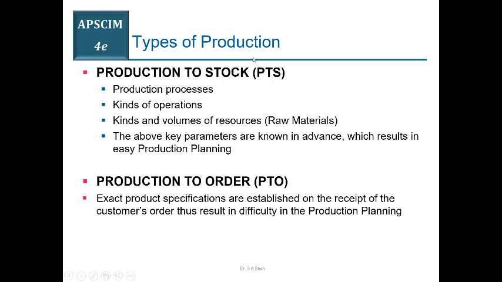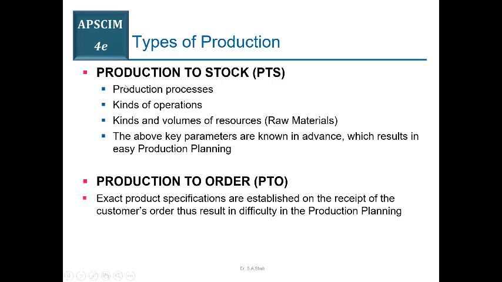अब इन दो फिलॉसफीज में आपने जो पैरामीटर्स यूज़ होते हैं वो आपने देखने होते हैं. सो नॉर्मली प्रोडक्शन टू स्टॉक फिलॉसफी को अगर आप देखें तो जो प्रोडक्शन प्रोसेसेस होंगी and the types of operations and the types and the volumes of resources in the raw materials, the tooling, etc., the equipment that will be used.